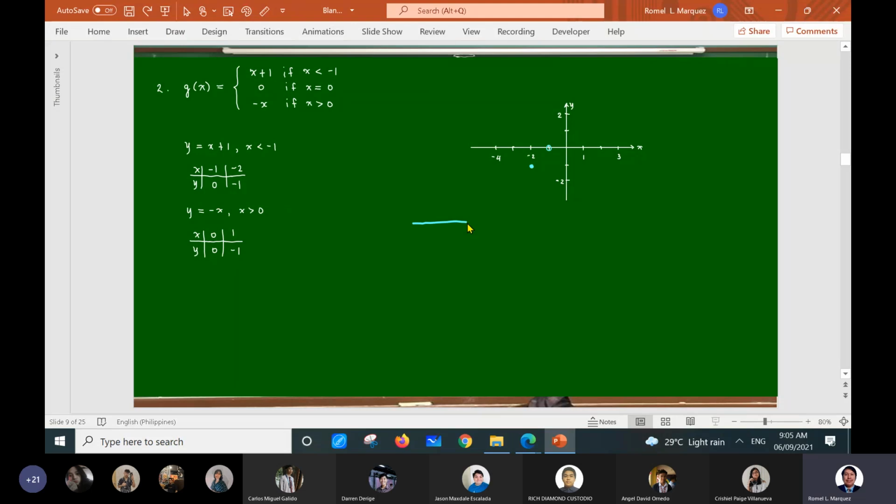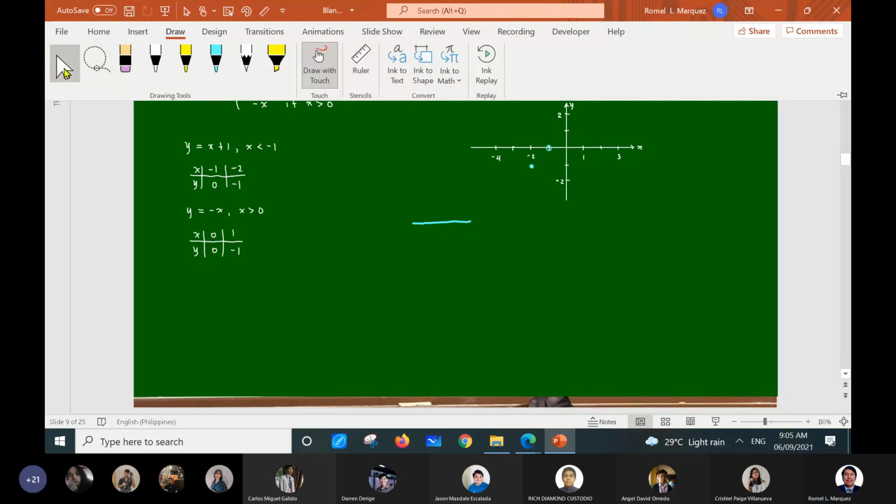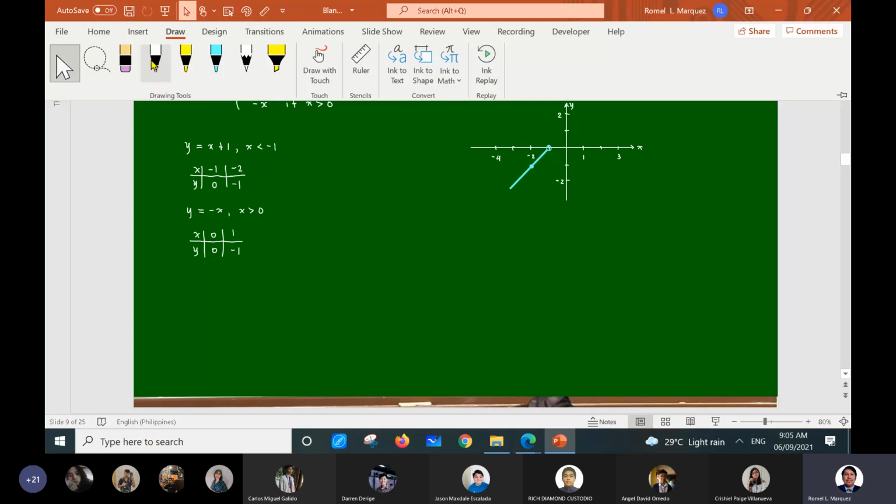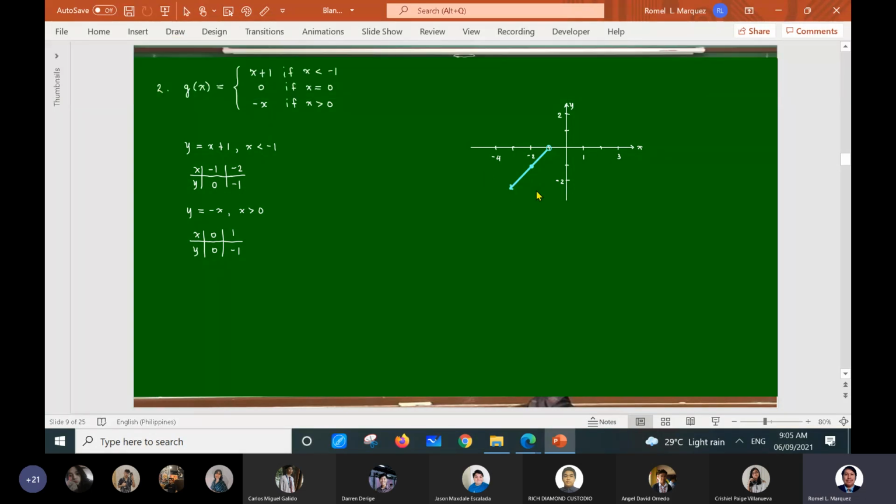And I want this to be really straight, so I change this to ink to shape. Okay, that's better. Got it, guys? Going to the left, no?